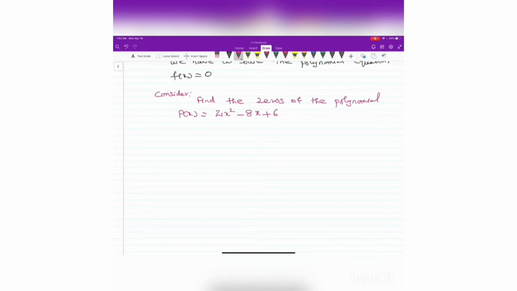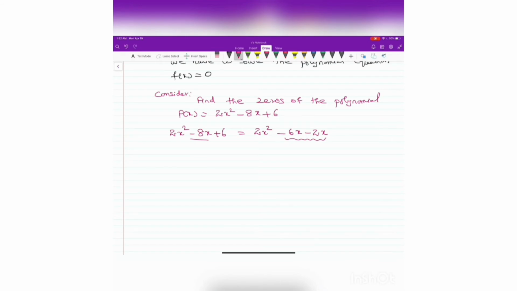So I can write 2x square minus 8x plus 6 as 2x squared, and this minus 8x can be written as minus 6x minus 2x. So when I add these two terms, I will be getting minus 8x.